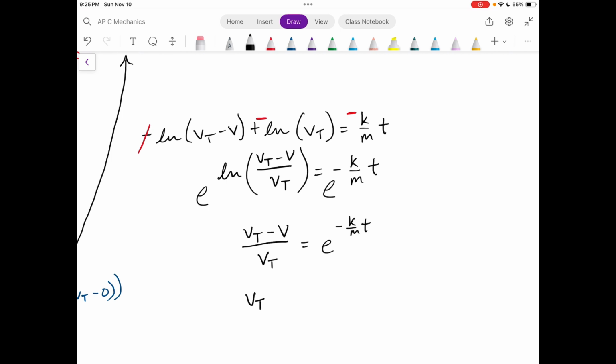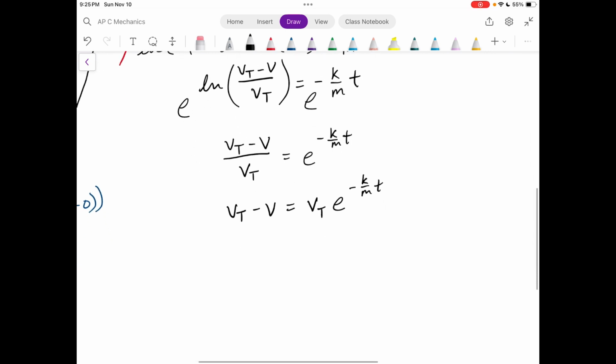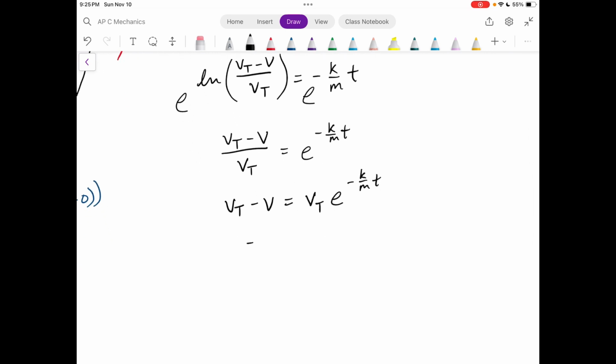So vt, this is now just algebra, minus v equals vt e to the negative k over m t, and I need to subtract vt from both sides, so I'll have a vt e to the minus k over mt minus vt, but I don't want negative v, so I need to multiply a negative 1 through to the other side.